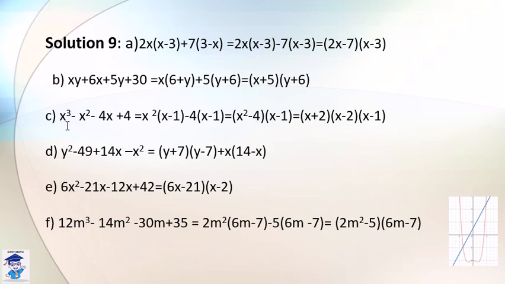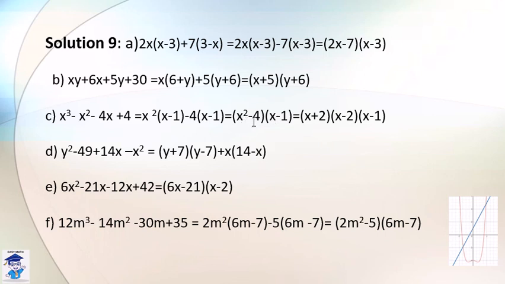Number C, x cubed minus x squared minus 4x plus 4. So for the first two terms we may take out x squared, so x squared times x minus 1. And the last two terms make negative 4 times x minus 1. So we can see the same term x minus 1, so take out, left x squared minus 4.